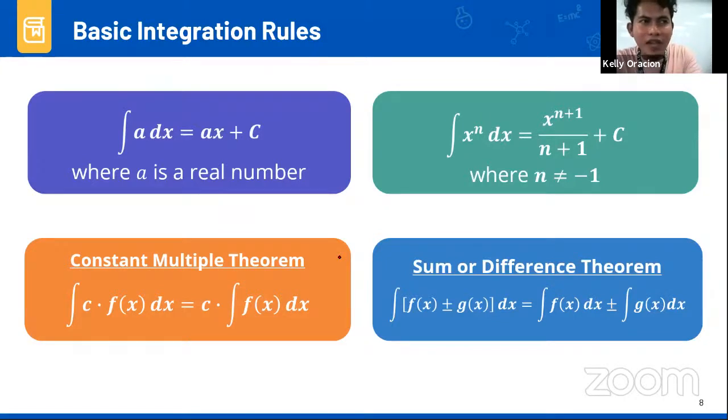You can also find this in the PDF I posted on the page, my examples from the YouTube video lesson. It is on the first page. This is the constant rule. Next is the power rule. Next is the constant multiple theorem. Then, the sum or difference theorem.